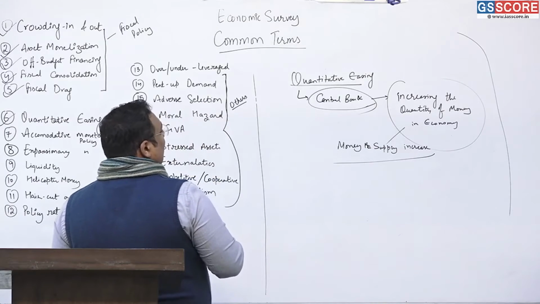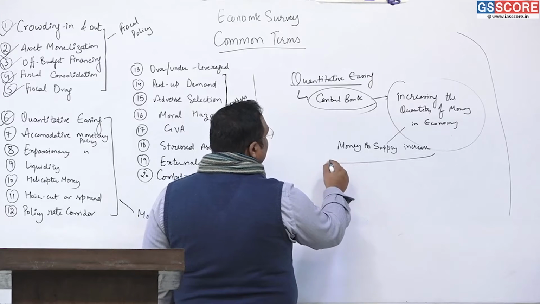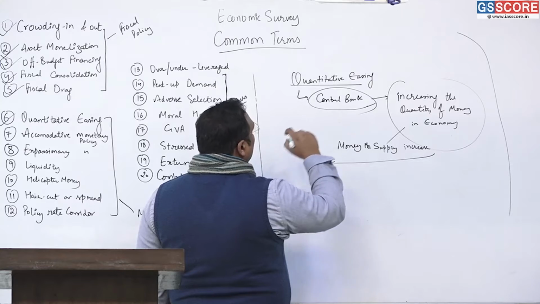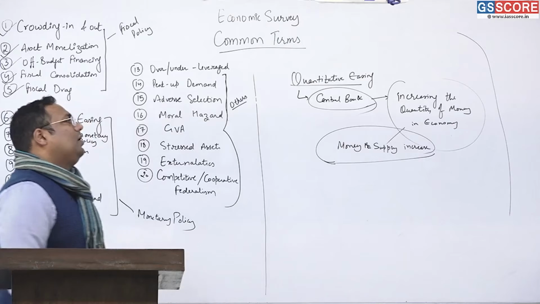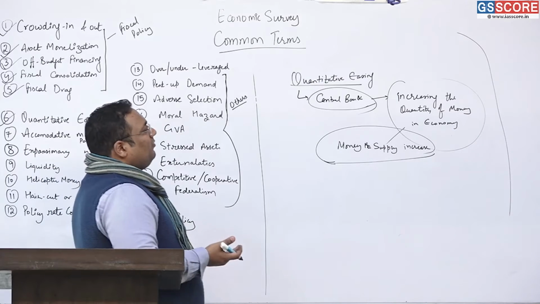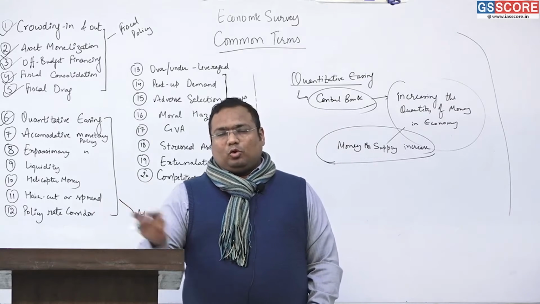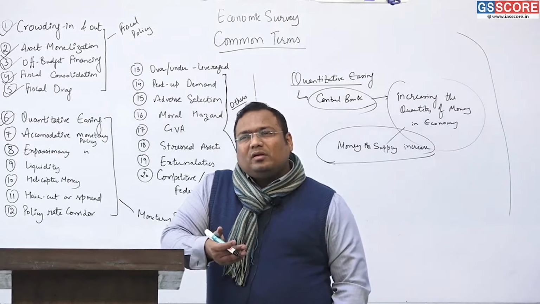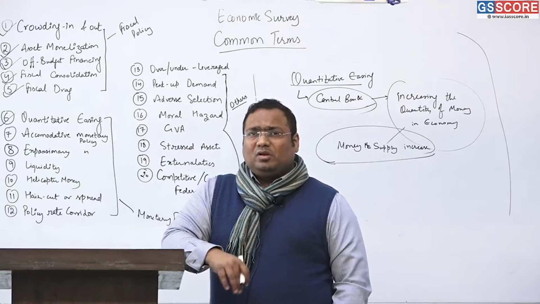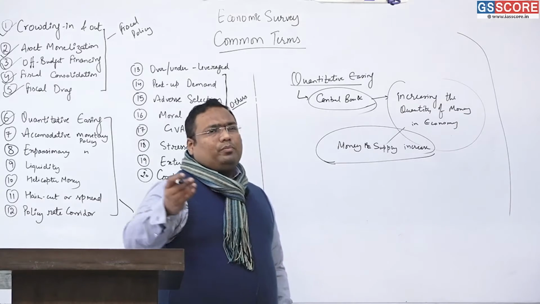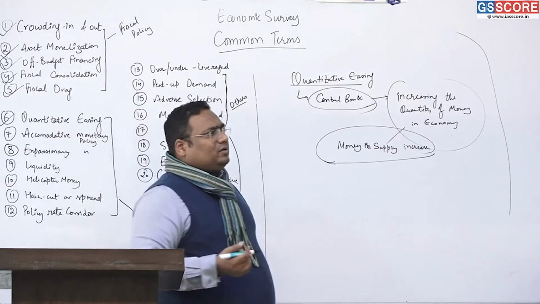Clear? And when quantitative easing happens, first of all, how will it happen? How will money supply increase? You can lower the policy rates, you can purchase bonds and push more cash into the economy through open market operations, you can cut the reserve ratios, the statutory liquidity ratio and the CRR, the cash reserve ratio.